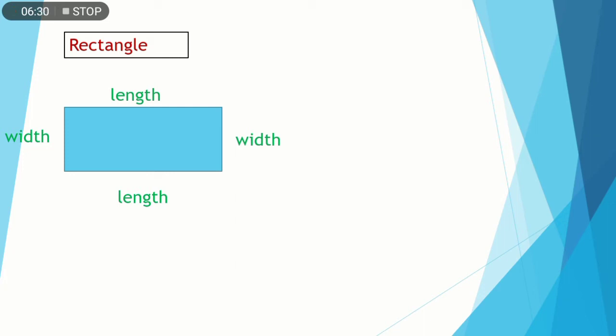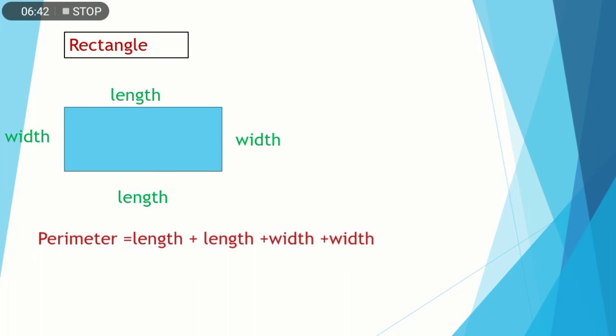How can I get the perimeter of a rectangle? I said at first, the perimeter of any shape is the sum of its sides. Length plus length, width plus width. How many lengths? 2 lengths plus 2 widths.